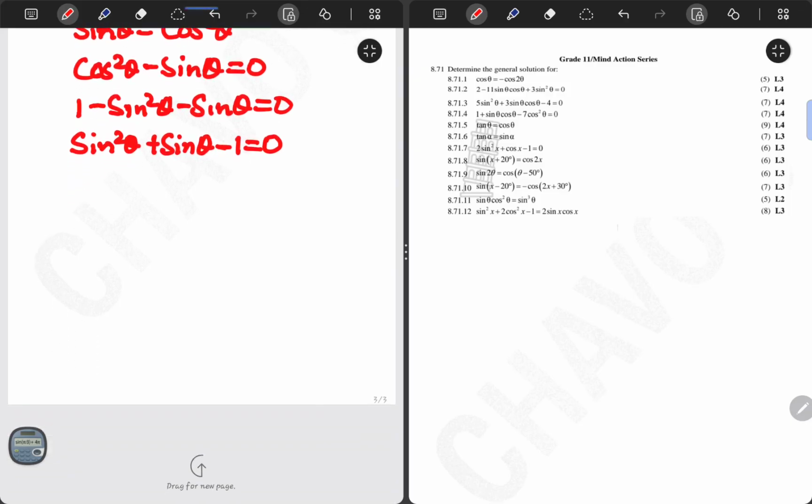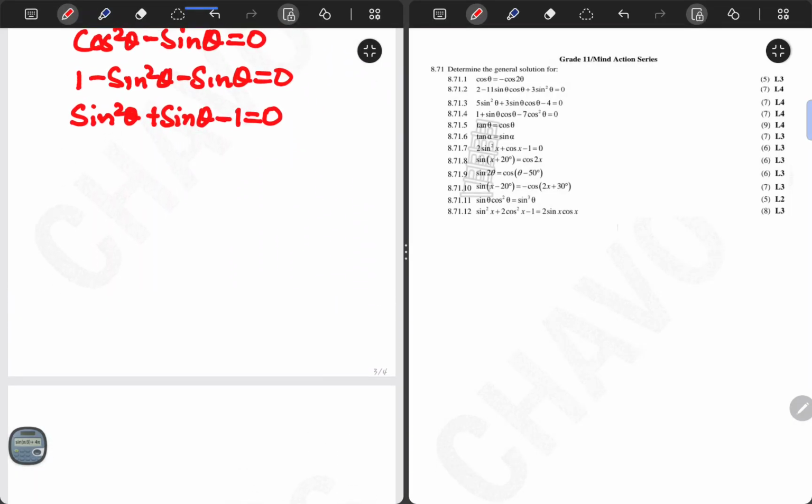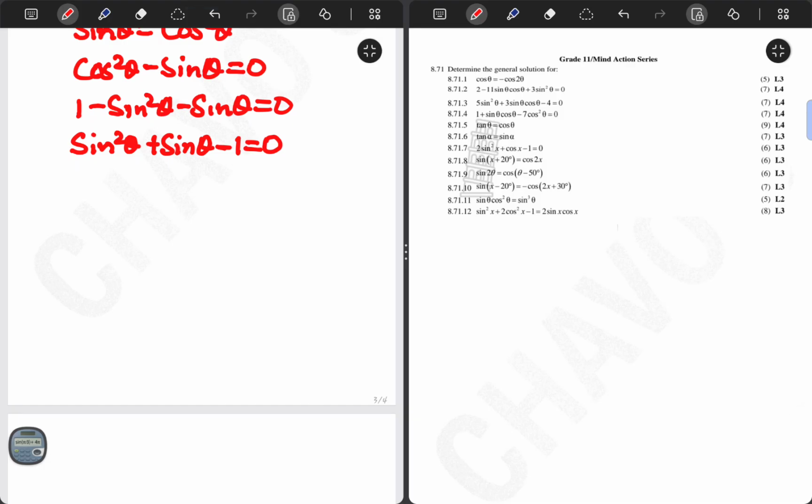Instead, you're going to use quadratic formula, of which we know now how to do that. Sine theta equals to, sine theta is our x, negative b. So the 9 marks is the application of quadratic formula, of which, guys, you know I'm not gonna do much there. Leave your answer to 2 decimal place.